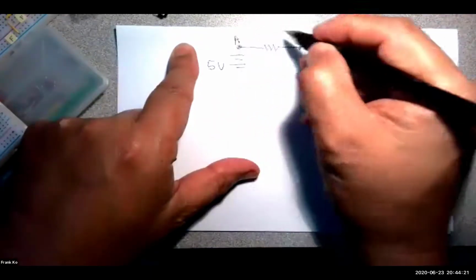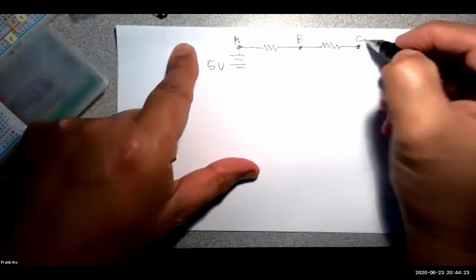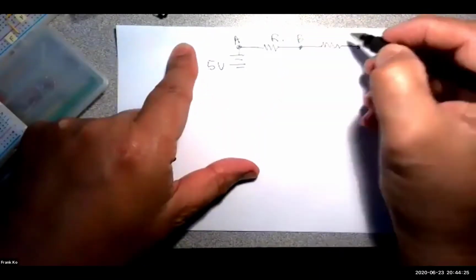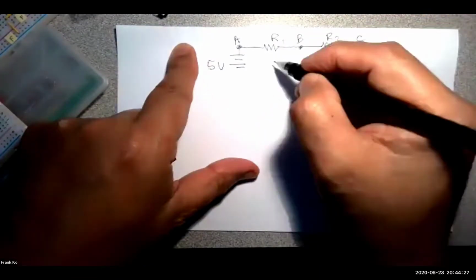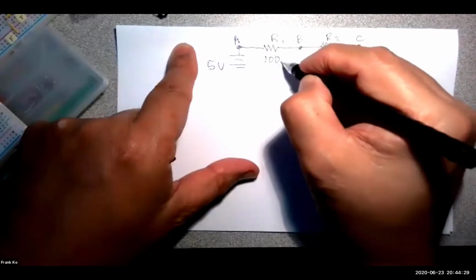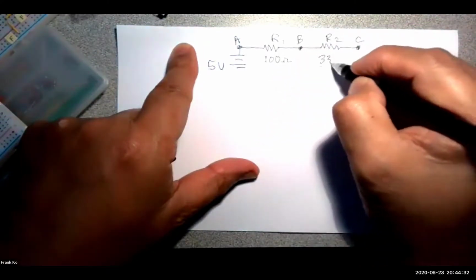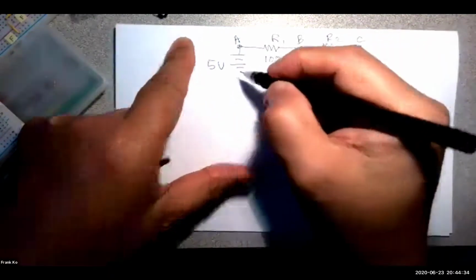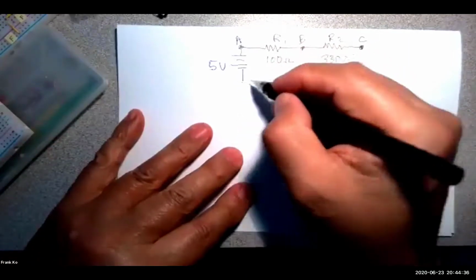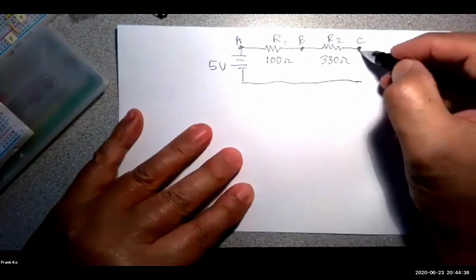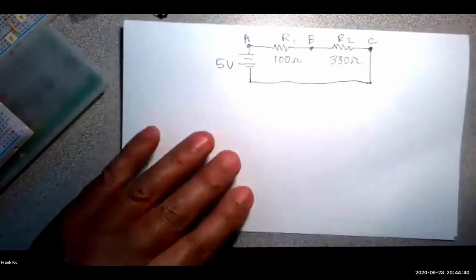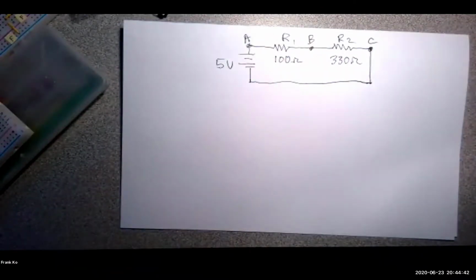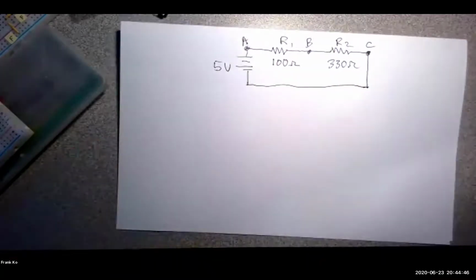I'm going to label this point A, B, and C. This is R1, this is R2, 100 ohms, 330 ohms. I'm not going to draw on the switch because when the switch is closed, I have a complete circuit.